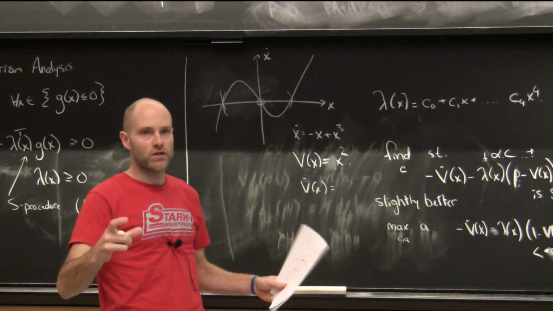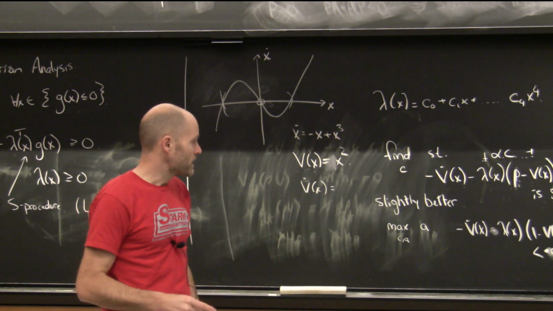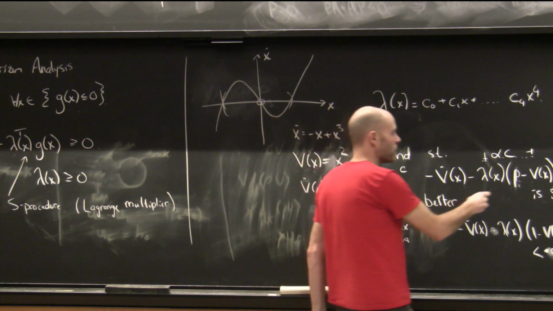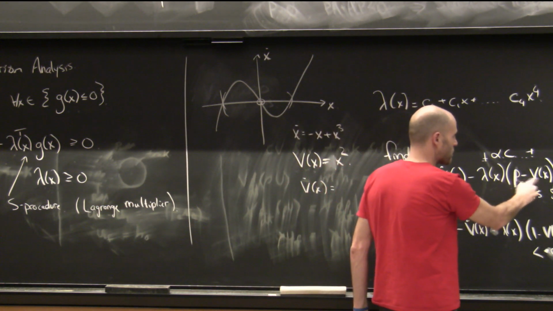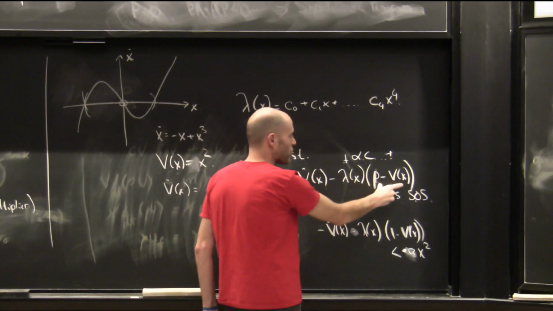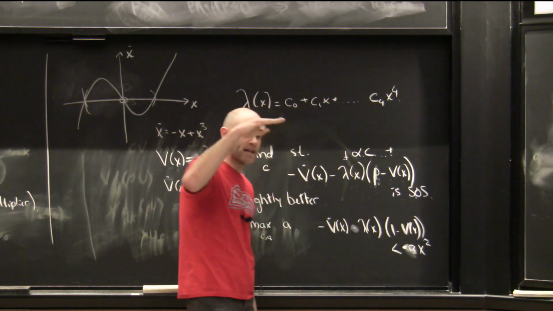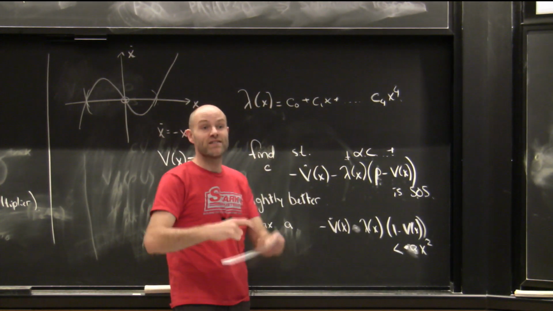If it's fully disconnected, you have to be much more careful, because remember we talked about this before we used computation at all, that the way you'd want to prove something over a region is you have to have V dot less than 0 over a region that is an invariant set.